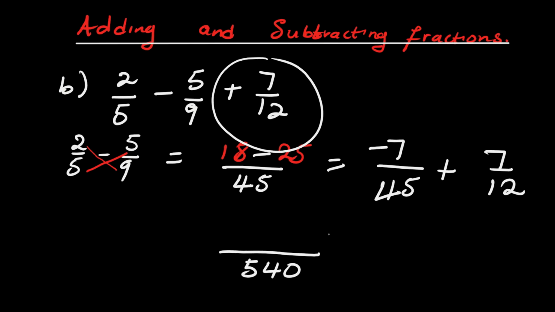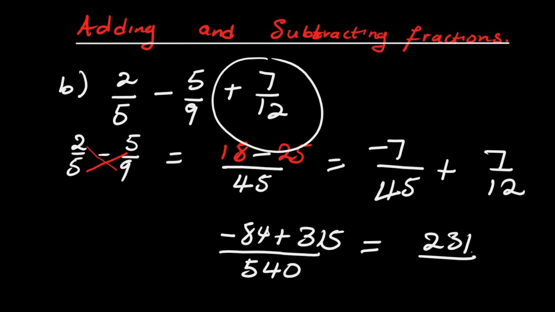Now negative 7 times 12 is negative 84, plus 315. Negative 84 plus 315 is equal to 231. And this is over 540. And 231 over 540 can be simplified further to 77 over 180. And this makes our final answer.